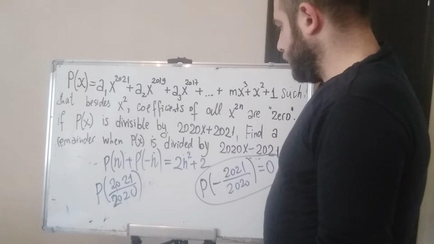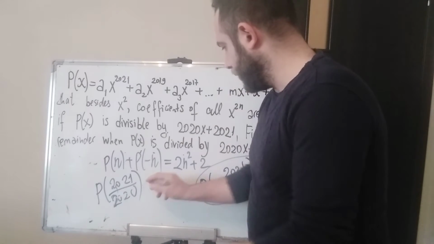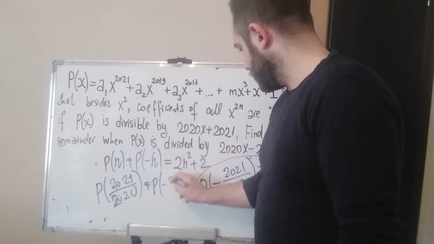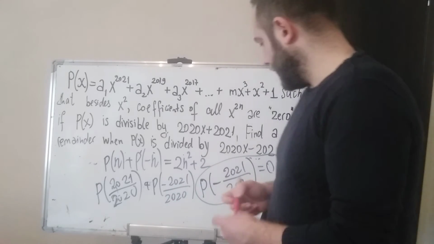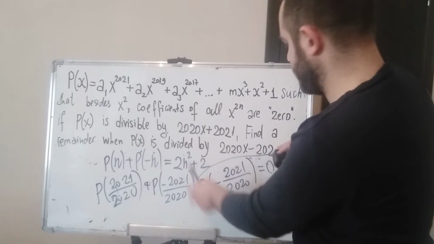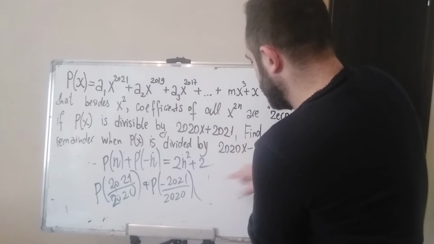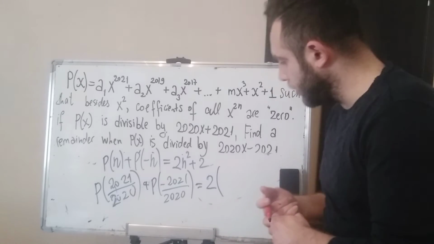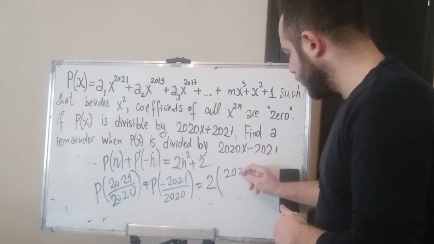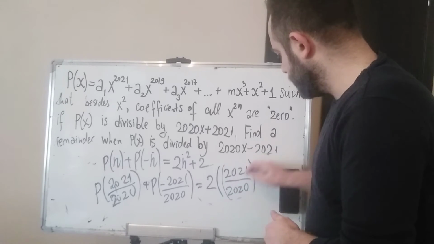So P of 2021 over 2020 plus P of minus 2021 over 2020 will be 2, as a common factor, times 2021 over 2020 squared plus 1.